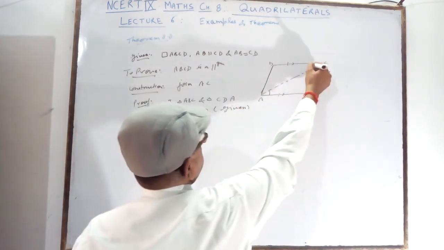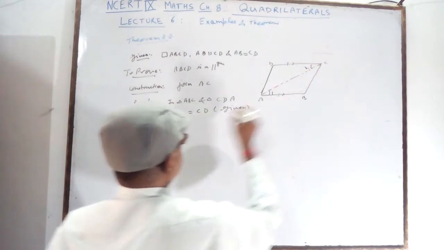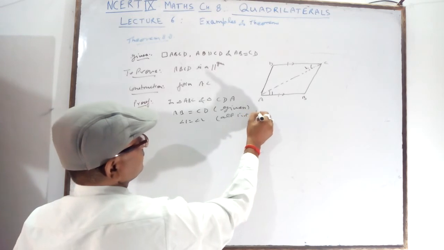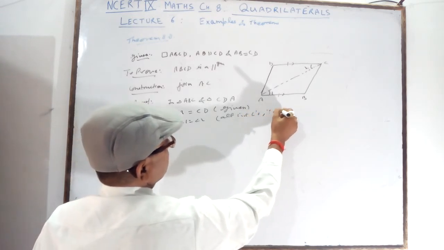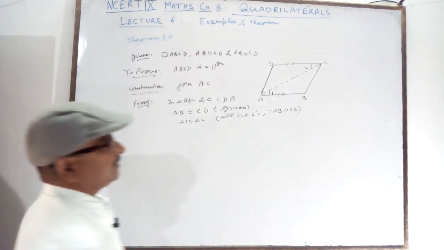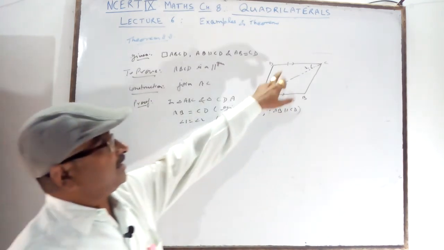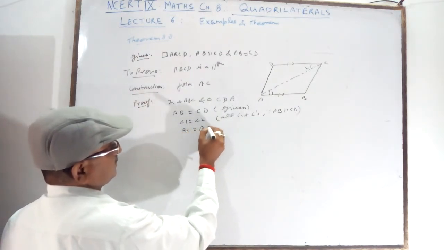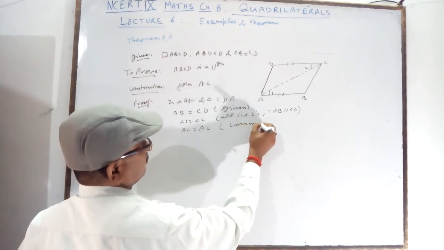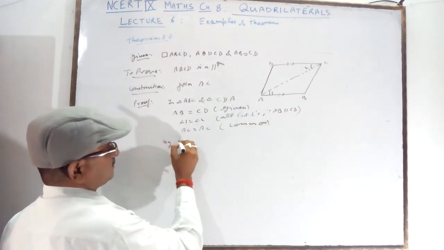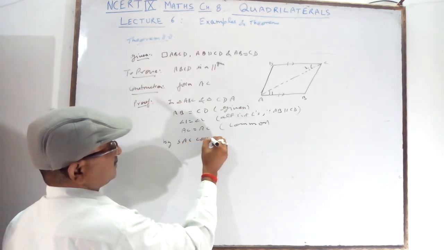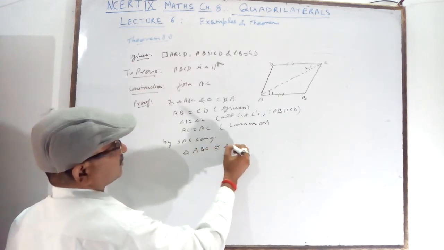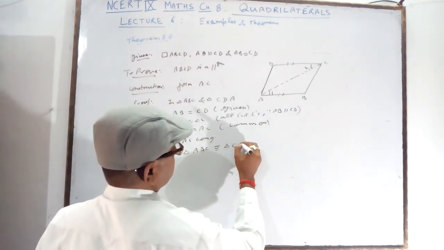Angle 1 is equal to angle 2, because they are alternate interior angles, as AB is parallel to CD. AC is equal to AC, because it is common. So by SAS congruency, triangle ABC is congruent to triangle CDA.